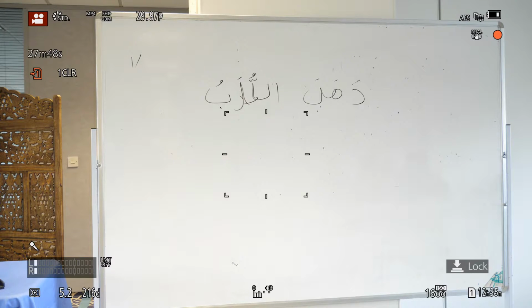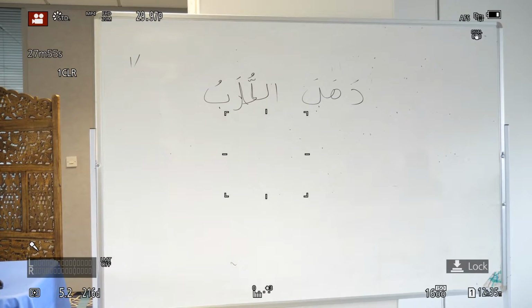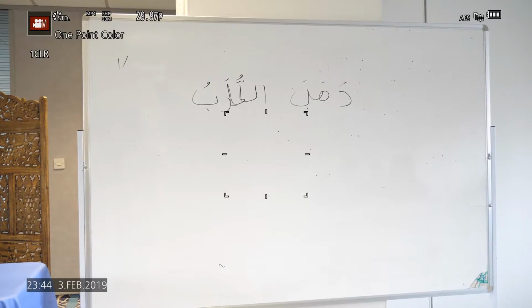Good. Okay. Shan, al-masjid. المسجد قريب, the mosque is close. ليس المسجد قريبا. ليس جوعانا or بجوعان.